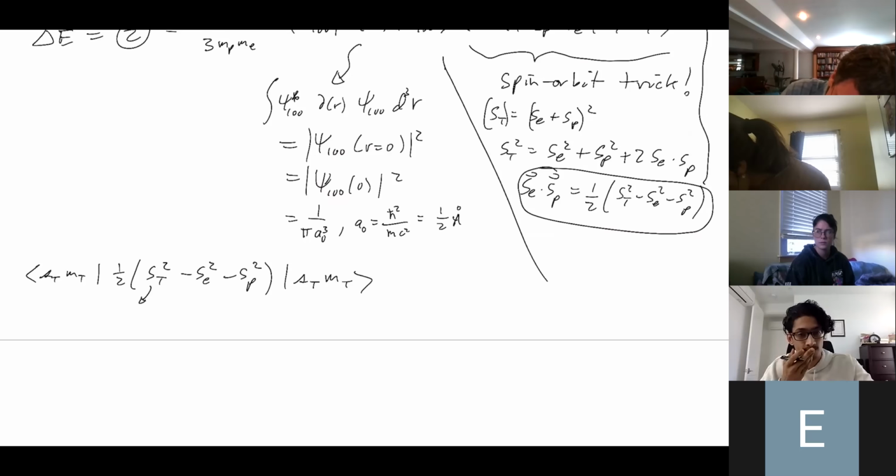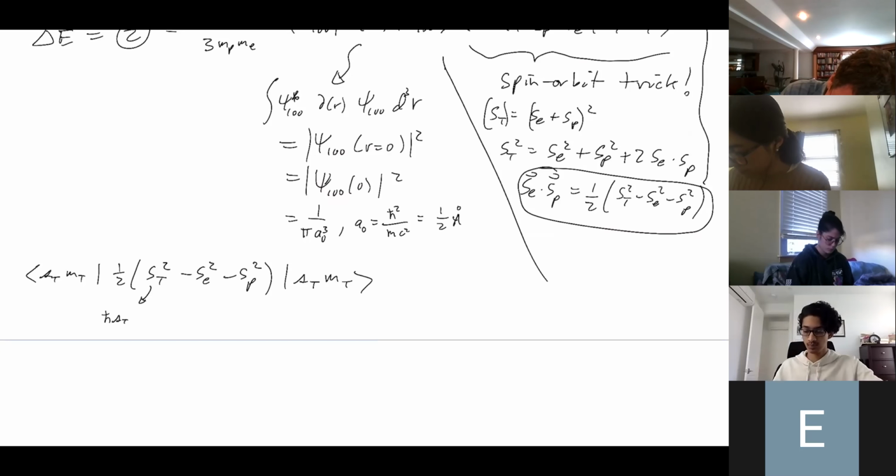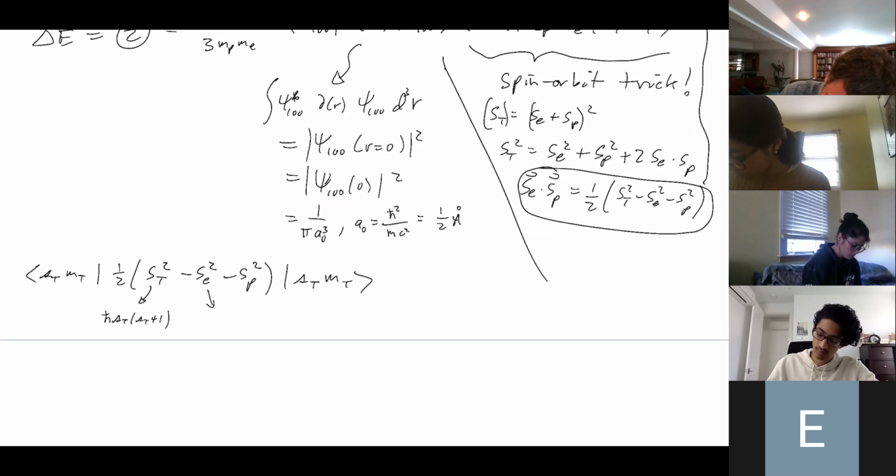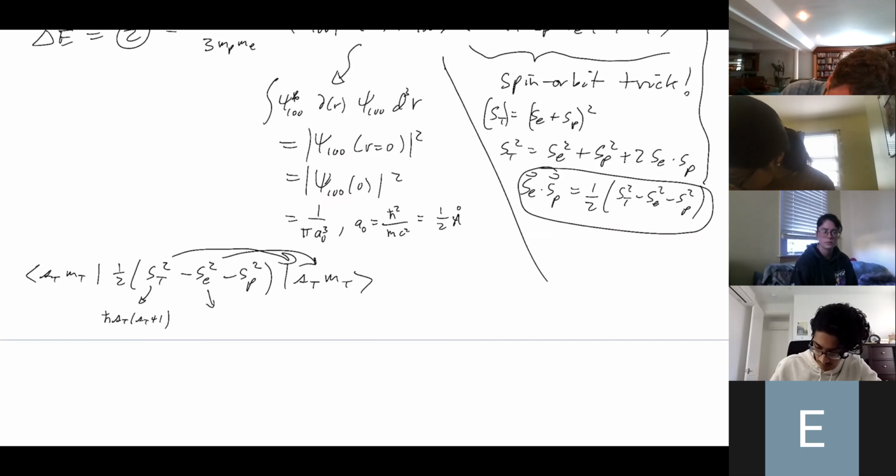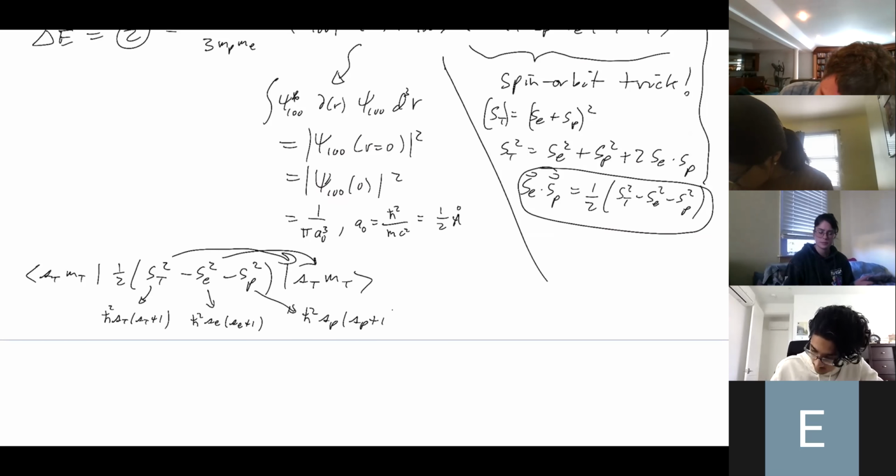Well, we're running out of time, so maybe I'll write it down. It's just H bar squared S total times S total plus 1, and SE squared, when it hits this guy, they're all eigenstates, then it's H bar squared SE times SE plus 1, and this guy is going to be H bar squared SP times SP plus 1.